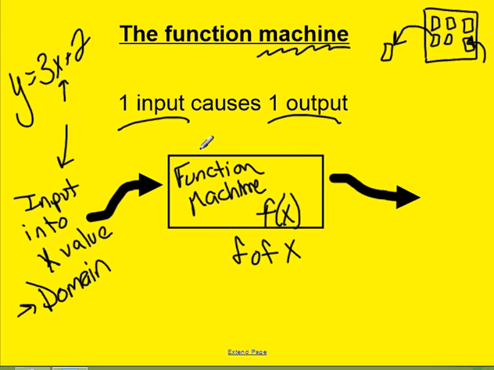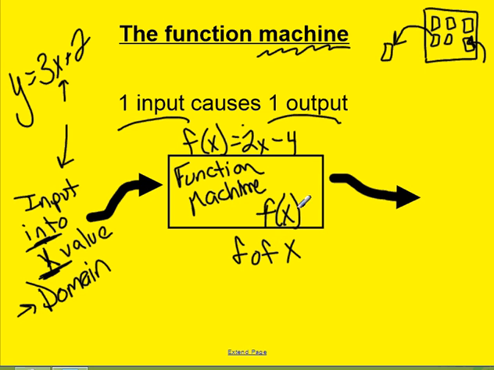So you might see a function written like this, f of x equals 2x minus 4. And this 2x minus 4 is the rule that tells you what to do to the x value that you're putting into the function machine.